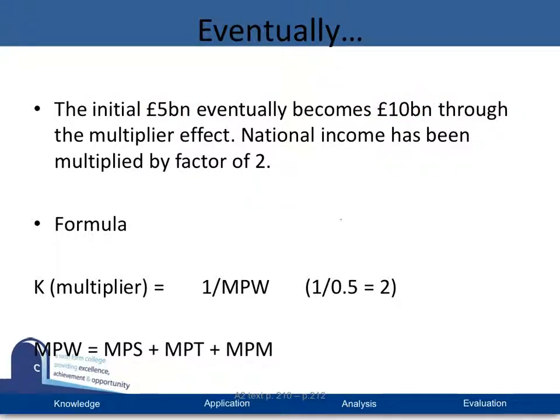And again, in terms of a high grade, I think being able to refer to the formula will add value to your answer. So the multiplier, K, is 1 divided by the marginal propensity to withdraw. So in my example, and it's only an example, the value of the multiplier is 2.